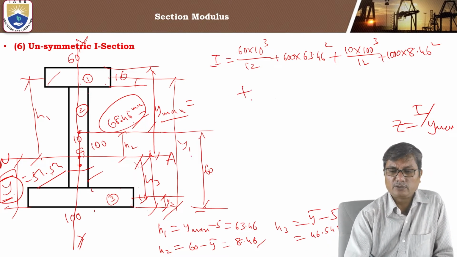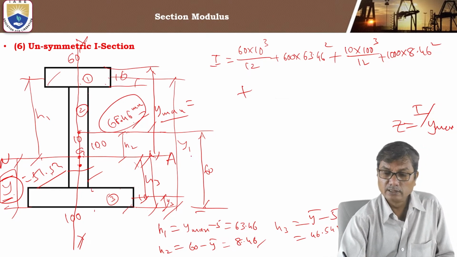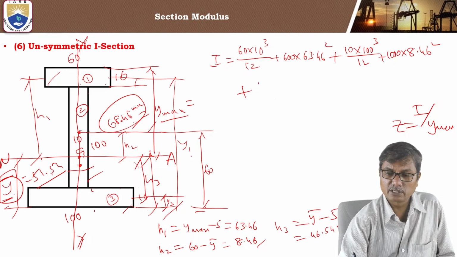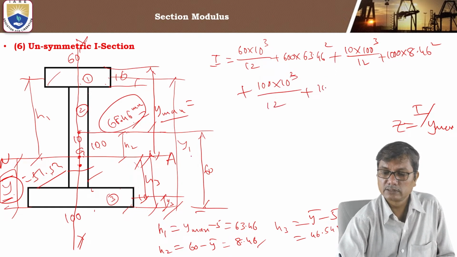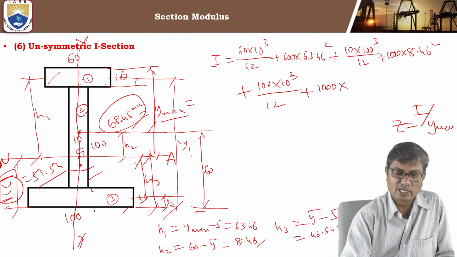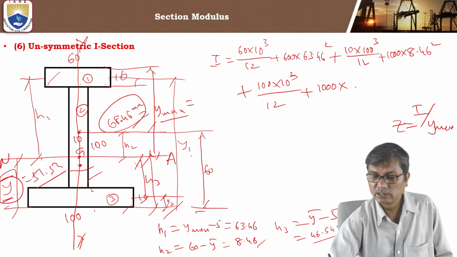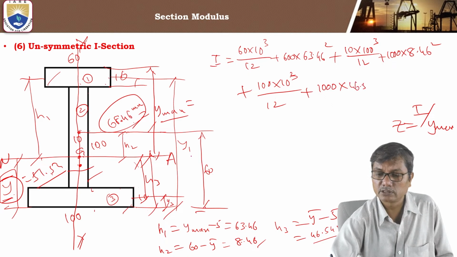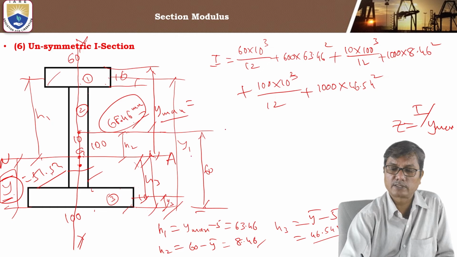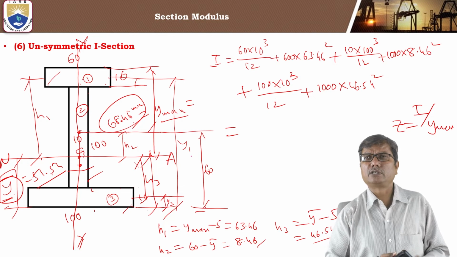Plus for the third component, the bottom flange, the centroidal moment of inertia is first BD cube by 12 plus area 1000 into h3. h3 is 46.54 square.